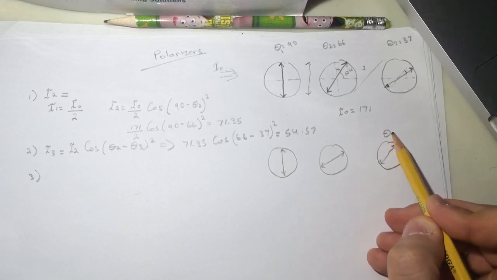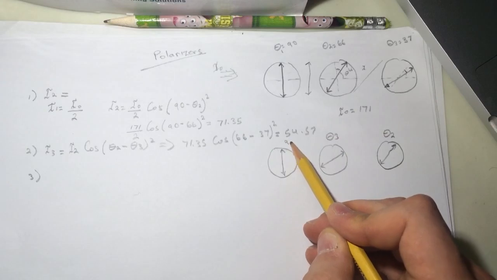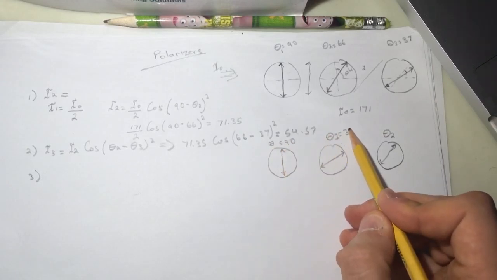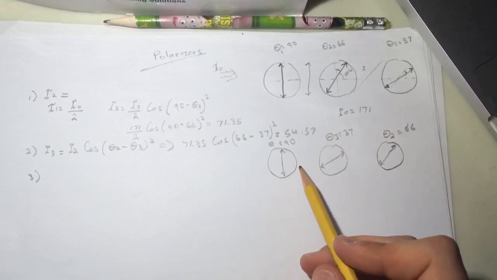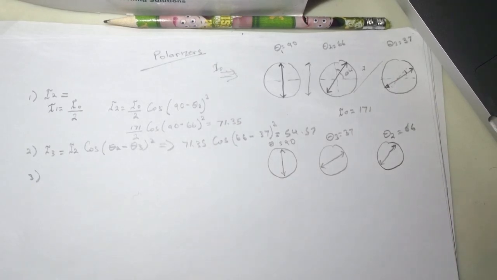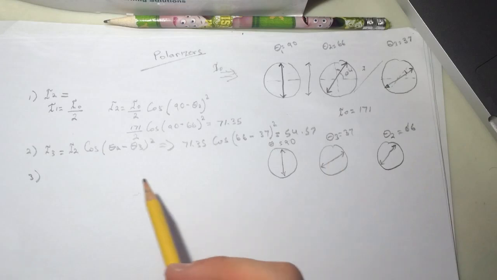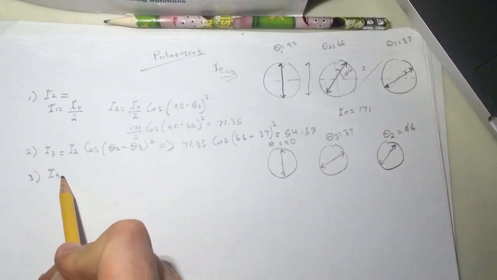Now this is theta 2, this is theta 3, and this is theta 1, which is 90 degrees. This is 37, this is 66. They want the I final new, basically I3 new.